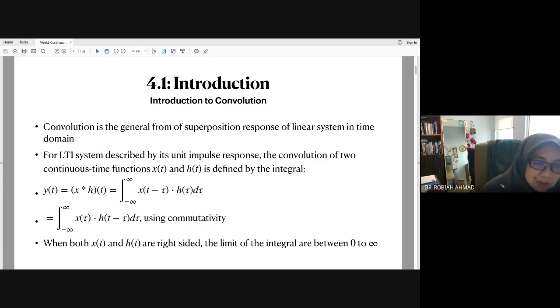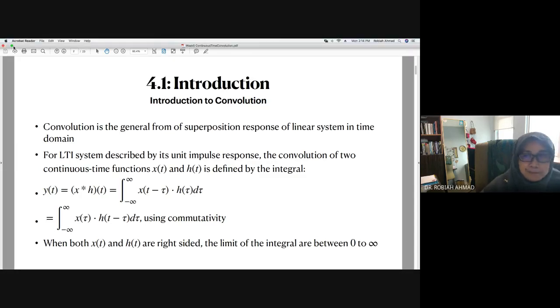So this is another way of getting the output response y(t), using what we call convolution. The formulation for convolution is y(t) equals x, our input, convolved with h, our unit impulse response.